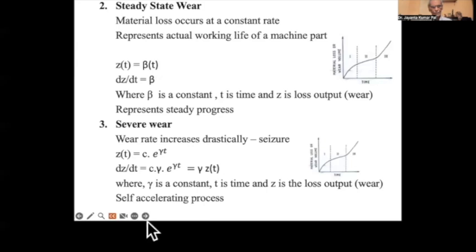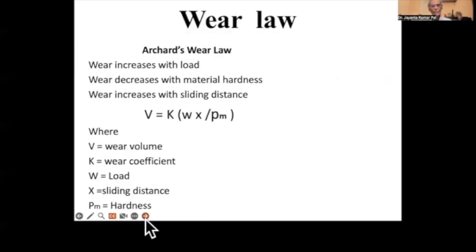So these are the 3 stages of wear, and then we go to an important topic, wear law. Now, there are not many established wear laws except Professor Archard's wear law, which was formulated sometime in the 1940s or 50s, and it's still very useful for initial calculation for machine design.